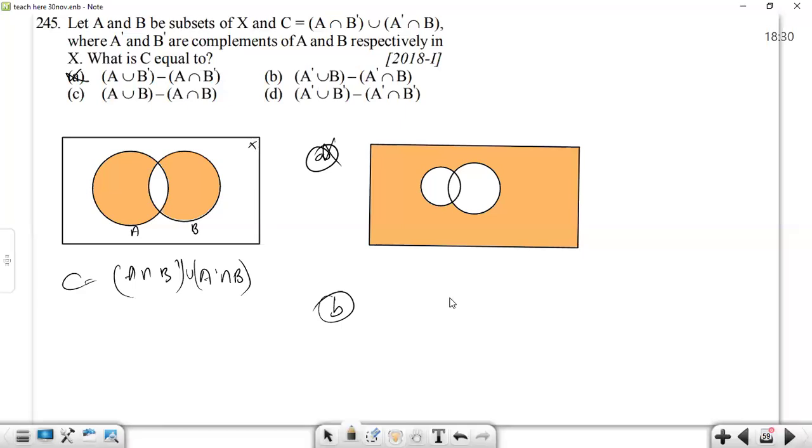Okay, so this second option, the second term will look somewhat like A complement intersection with B. Okay, so this is the second term.